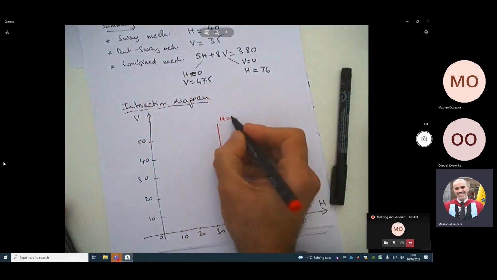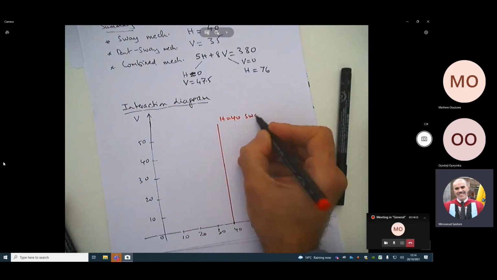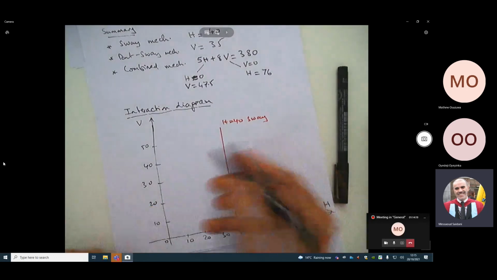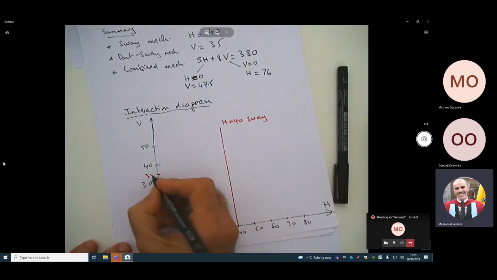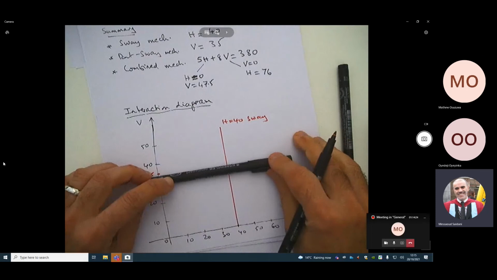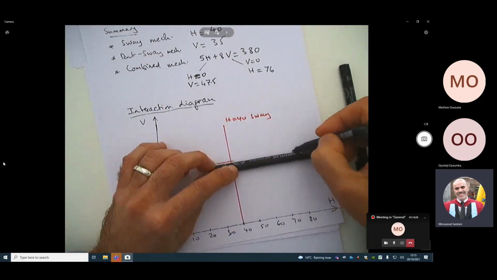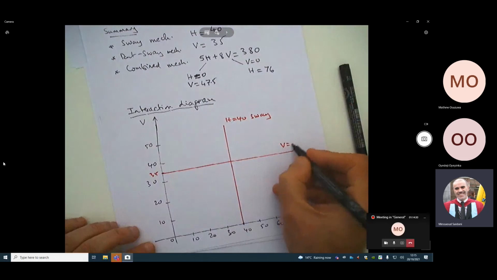Okay, so H equals 40, this is the sway mechanism. Then we have V equals 35. This is 35 here, and that's V equals 35.